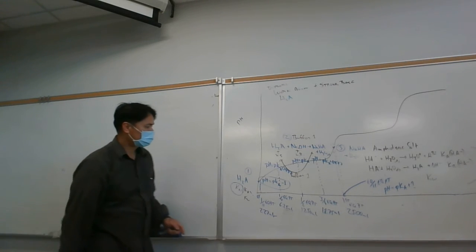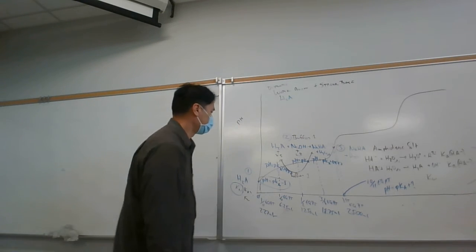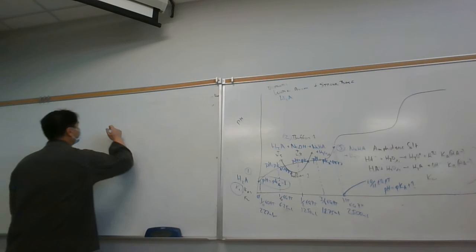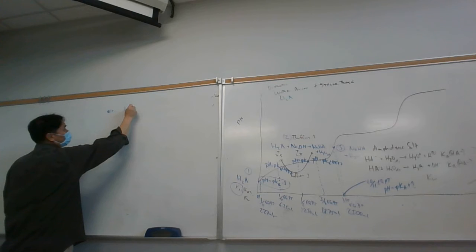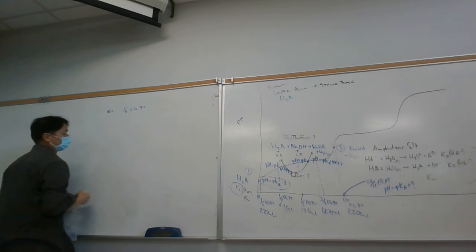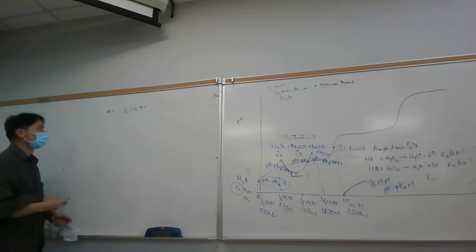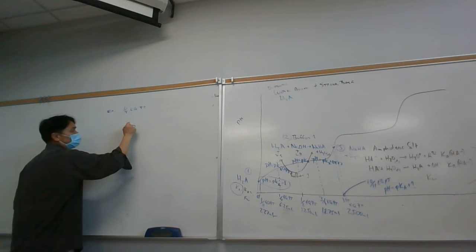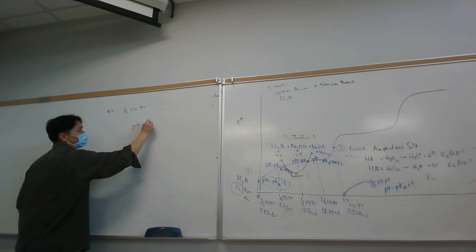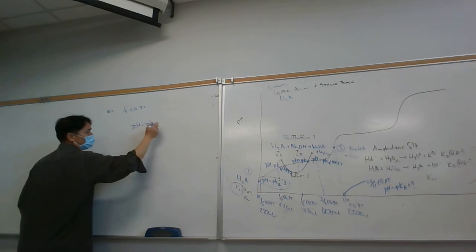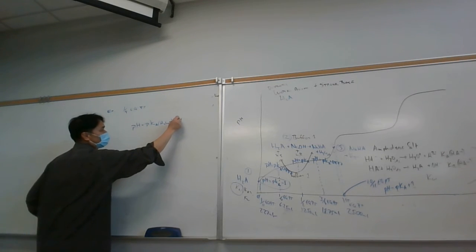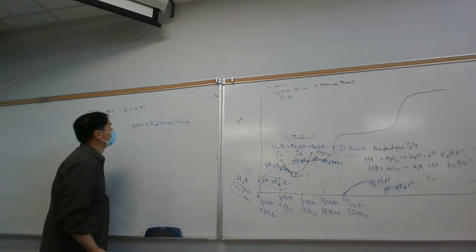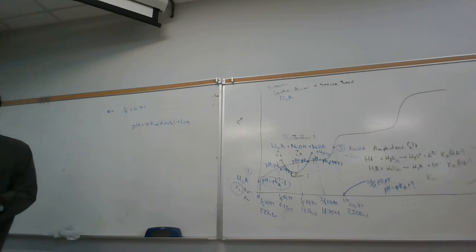All right, let's do the shortcut method for the 1/4 equivalence point. Because I'm in the buffer region, I'm just going to go straight to the Henderson-Hasselbalch equation. pH is equal to the pKa of oxalic acid plus the log. Now, how much of the acid has been converted to base?